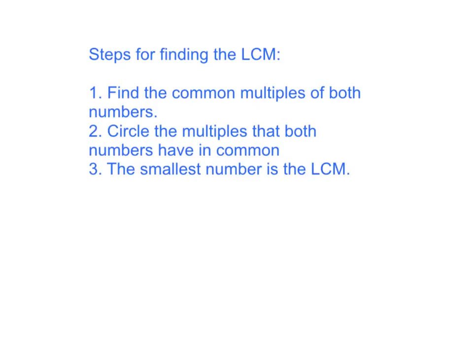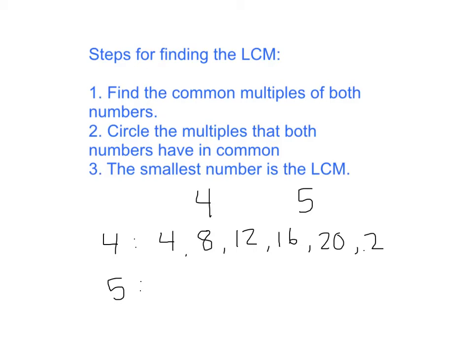Steps for finding the least common multiple. You may want to write this on your notes page. Number 1, find the multiples of both numbers. So let's say that I'm trying to find the common multiples of 4 and 5. I would make a list of multiples of 4, and then I would make a list of multiples of 5. So my list of 4 would be something like 4, 8, 12, 16, 20, 24.